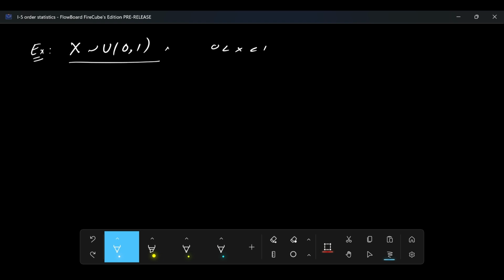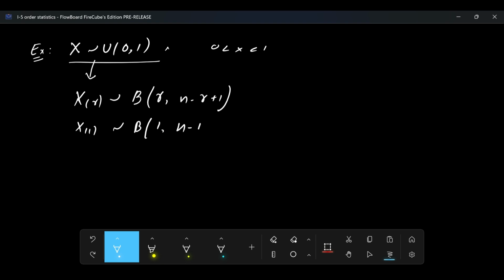See, you do not need to calculate the PDF and CDF. Simply, whenever X follows uniform 0, 1 comes to you, you can simply write that X_r will follow Beta(r, n minus r plus 1), or X_1 will follow Beta(1, n minus 1 plus 1), or X_n will follow Beta(n, n minus n plus 1).